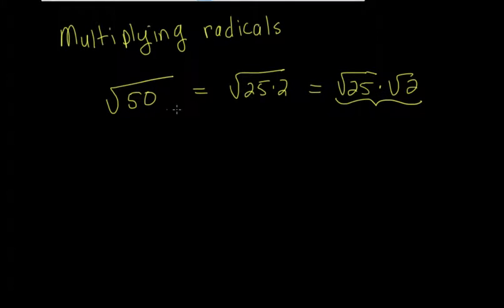This is just the reverse of that process, where you take the radicand in both expressions and multiply them together, and there you go. That's the product of radicals. But subsequently, when multiplying radicals, the idea is then to continue with the simplification process.